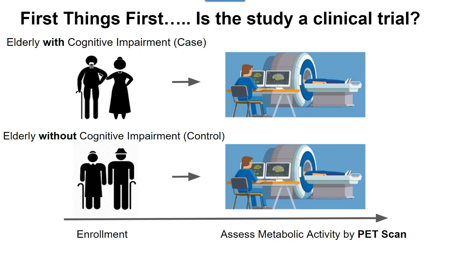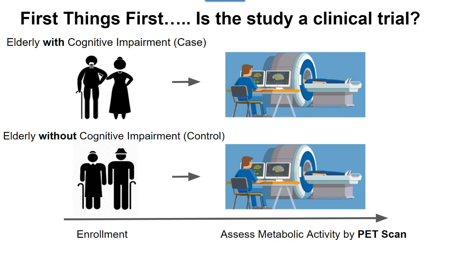For example, if your investigator is prospectively enrolling two cohorts, one is elderly patients with cognitive impairment, and the second cohort is elderly without cognitive impairment, to assess the metabolic activity using PET scan. Your hypothesis here is that metabolic activity measured by PET scan is different between these two cohorts. So metabolic activity is a biomarker of cognitive impairment.